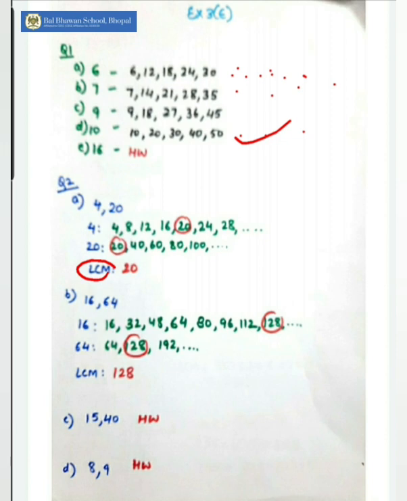Now I need to find out which is the least common multiple over here. So here I can see 20 in both the numbers is the least common multiple. So my LCM is 20. Similarly, for 16 and 64, the least common multiple is 128 when I list the multiples.